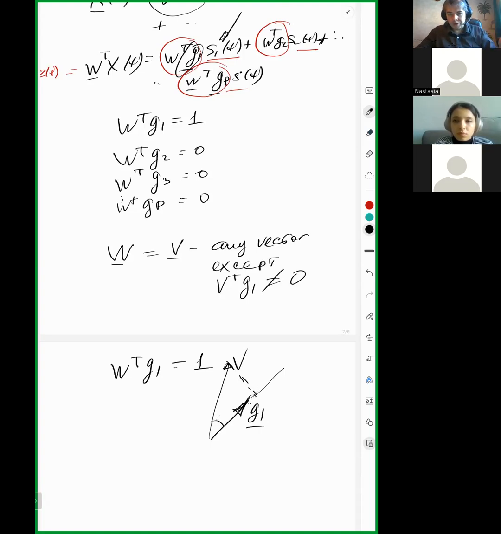You want this to be 1. You can always find a scalar that will make this 1. So you take any vector V divided by V times G1, and that will be your W. But this is not useful. This is what I mean.